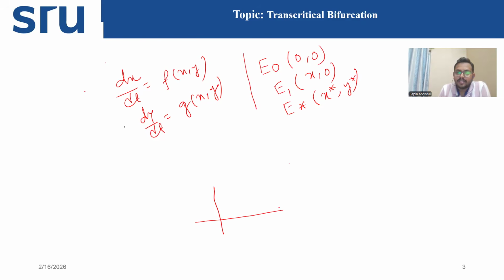So first we consider a parameter value a, where the critical value is a star. We assume that when a is less than a star, the equilibrium point E0 is stable.